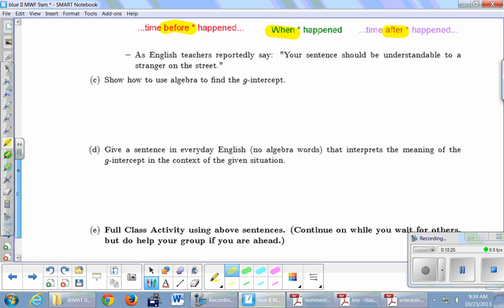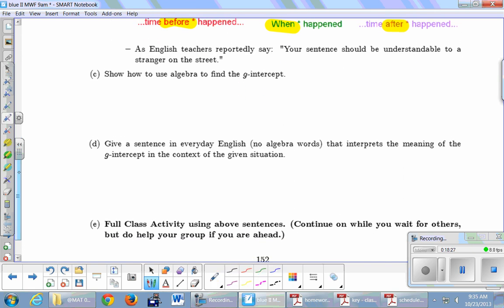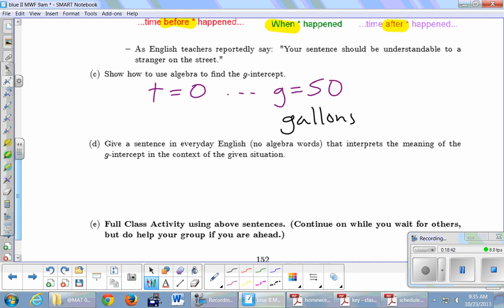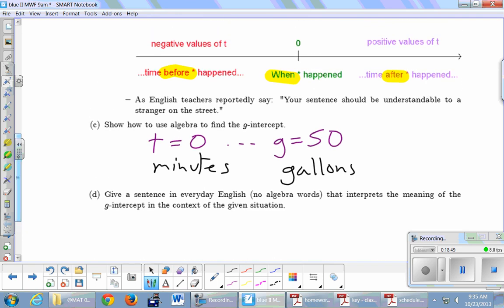Okay, and then the other sentence, let's see if we can update this other sentence. In this part, we let t equal 0, did some work. What did you find out for g? 50. The units there were 50 gallons. The t is still measured in minutes. I have one of 3 words to use.